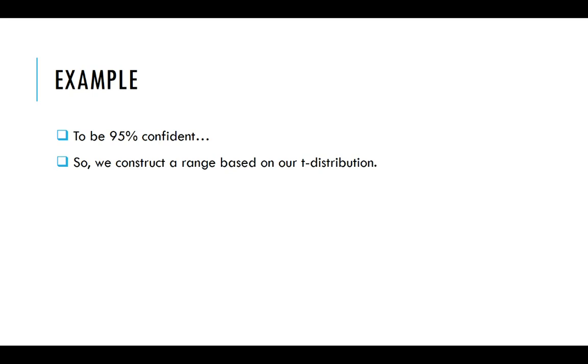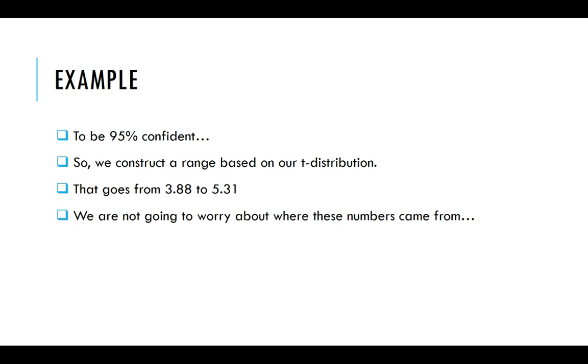And that range of values is going to be based on our t-distribution. So let's say that we find this range and it goes from 3.88 to 5.31, right? Now, we're not particularly worried about where these numbers are coming from, right?